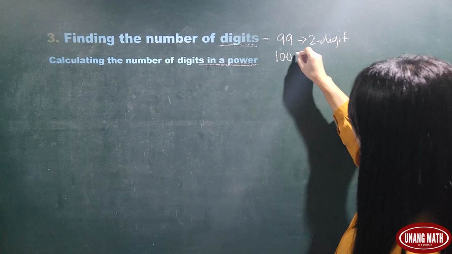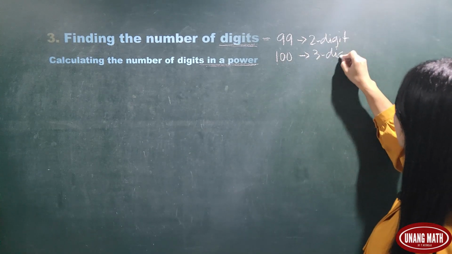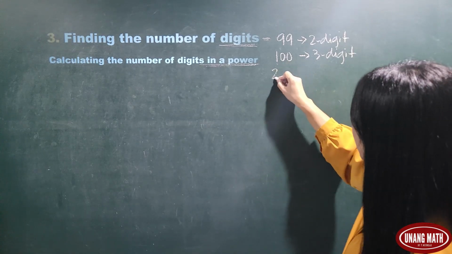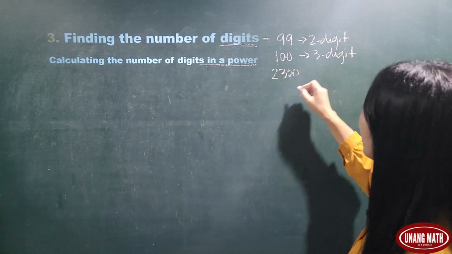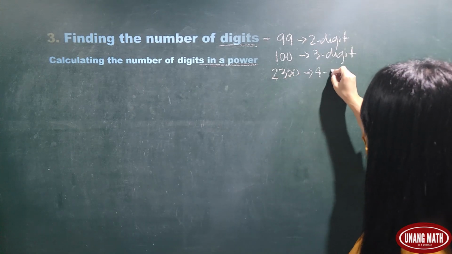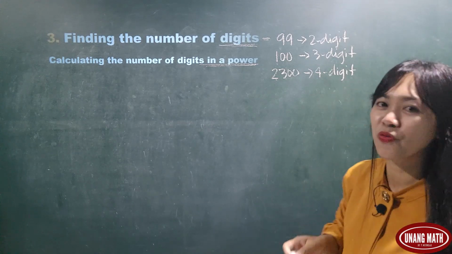Number 100 is a three-digit number. What about this number? 2,300 is a four-digit number, and so on and so forth.